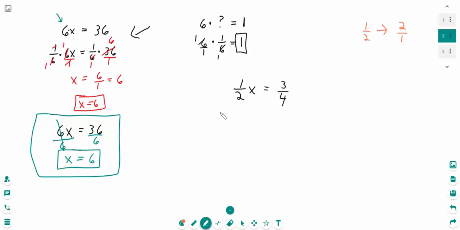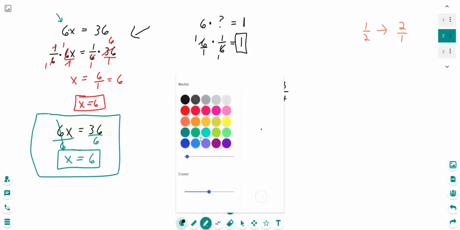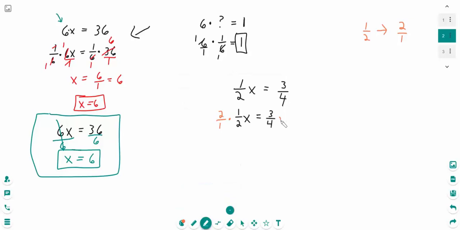So we're going to multiply this side by 2/1, and maybe I'll just switch back so we can see where the original equation is. 1/2 x equals 3/4. And again, we need to multiply that side by 2/1. We're doing the same thing to both sides.